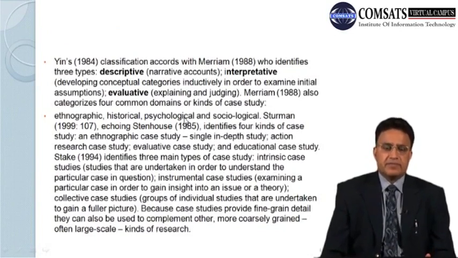In 1985 his classification matches with Merriam 88, who identifies three types again, that is descriptive, meaning narrative accounts, interpretive, developing contextual categories inductively in order to examine initial assumptions, and evaluative, explaining and judging.